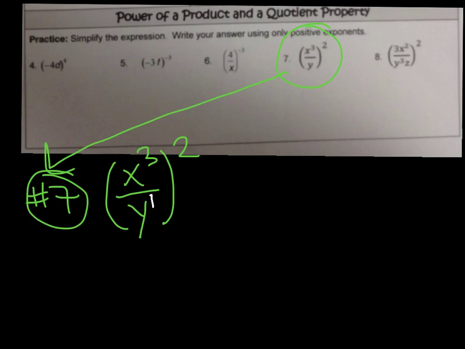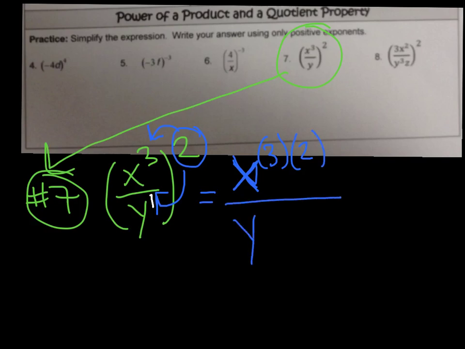So we take our 2 and multiply it by the exponent of the x and by the exponent of the y. So that simplifies to x raised to the 3 times 2 power divided by y raised to the 1 times 2 power.